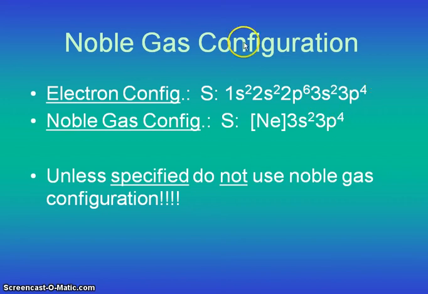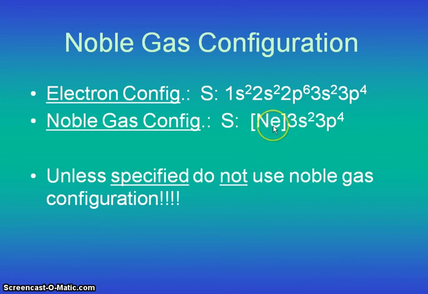Well, if I'm doing a noble gas configuration, I'm going to look to the noble gas above sulfur in the periodic table. In that case, it's neon. I'm going to put the neon symbol, Ne, in brackets, and then continue on with my electron configuration from there. So rather than starting all the way at hydrogen, I start at the nearest noble gas in the row above it.